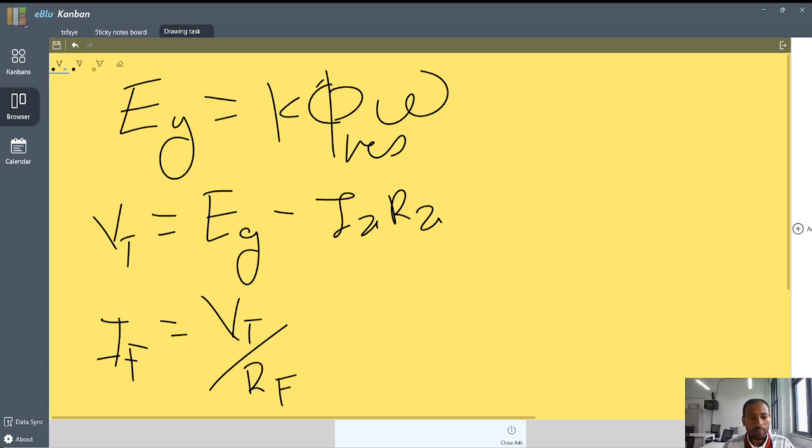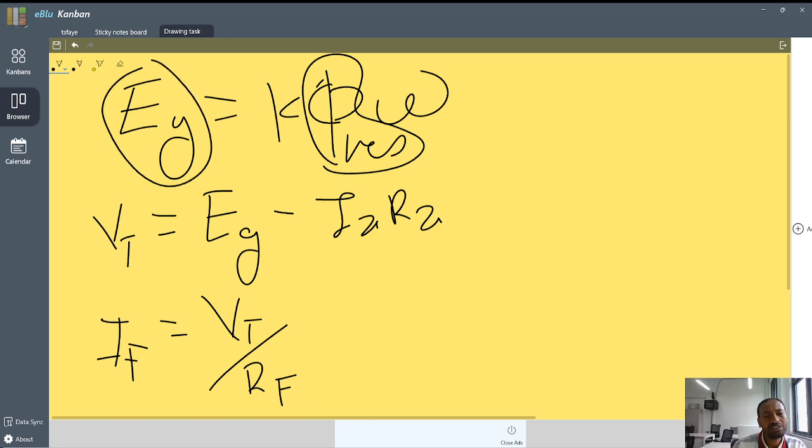Now, if there is a small residual flux inside our machine, there will be a small internal generated voltage EG. Smaller EG means it will produce a smaller VT.